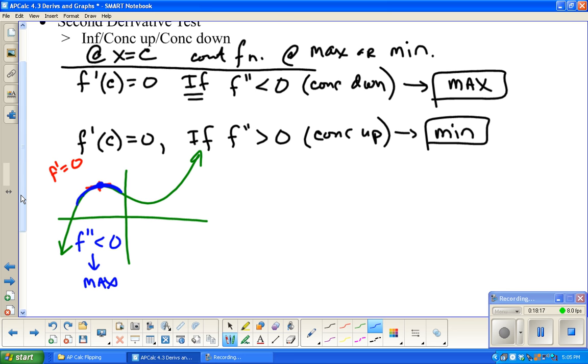If I have a spot here, again, where the derivative is 0, and this is concave up, so f double prime is positive, then this ought to be a minimum. This is a lot of stuff to try and digest all at once.